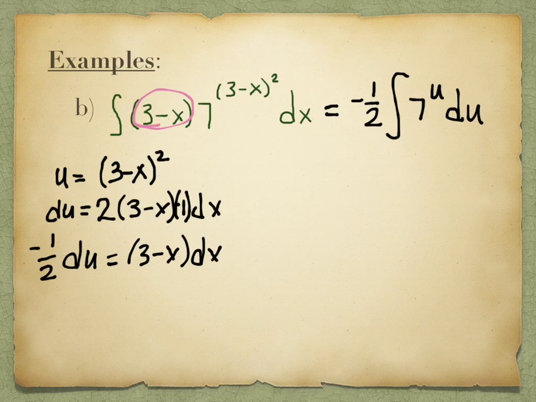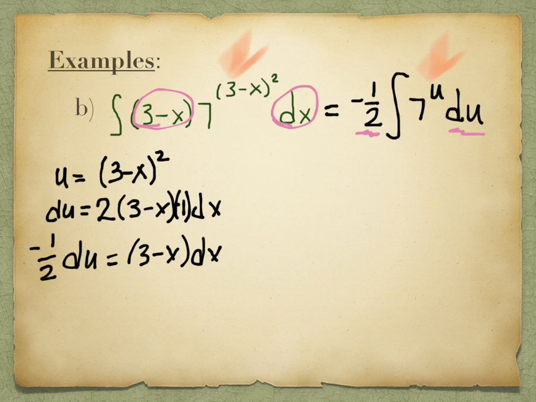So this piece and this piece get replaced with the negative 1/2 du, right, because those pieces are all equal. And then the 7 is still there with the exponent, 3 minus x squared, being replaced by the exponent u.